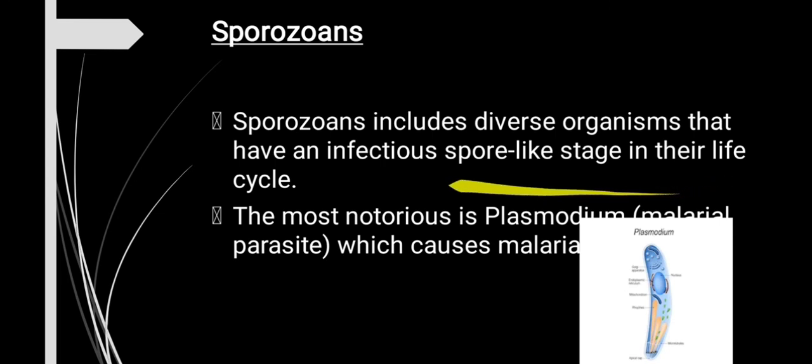The most notorious sporozoan which causes infection in humans is Plasmodium, the malarial parasite, which causes malaria in humans. So the four types of protozoans are the amoeboid protozoans, the flagellated protozoans, the ciliated protozoans, and the sporozoans.